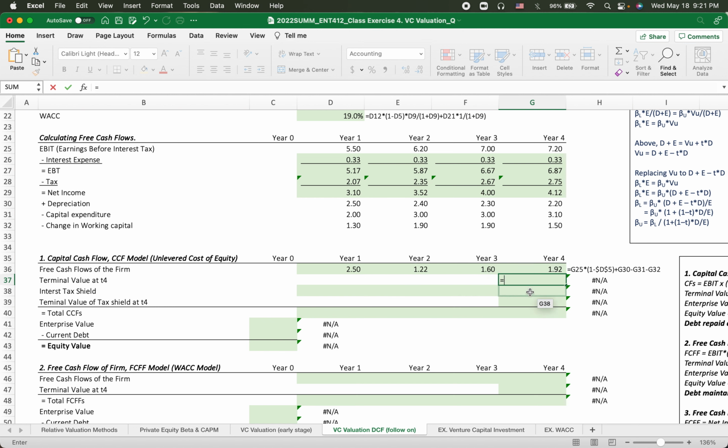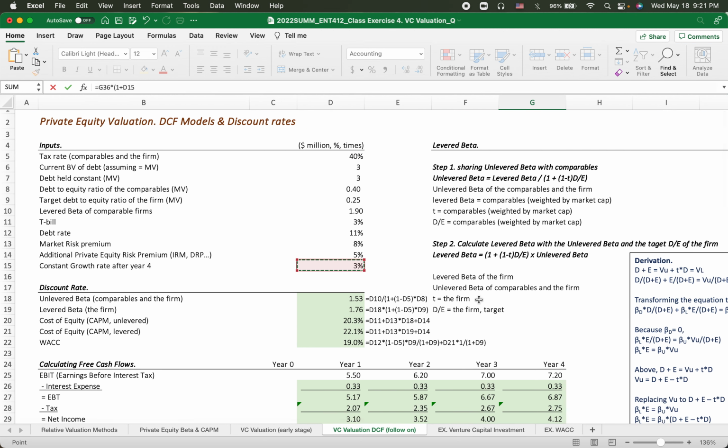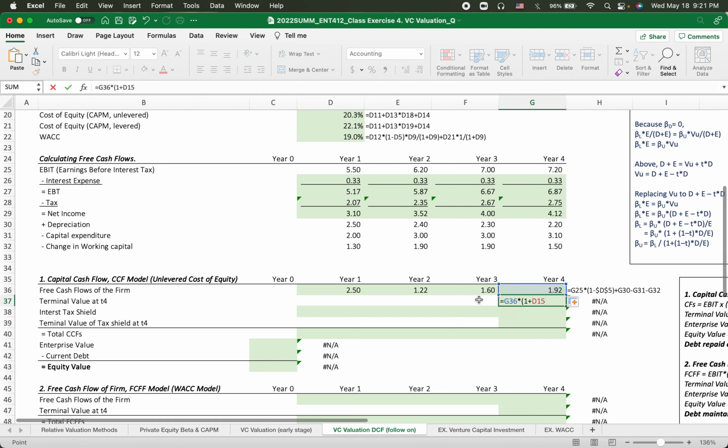That's why we need to calculate the terminal value at the end of year 4. How do we get it? The last year's cash flow must be increased by the constant growth rate, which we assume is 3% after 4 years. It's very conservative.